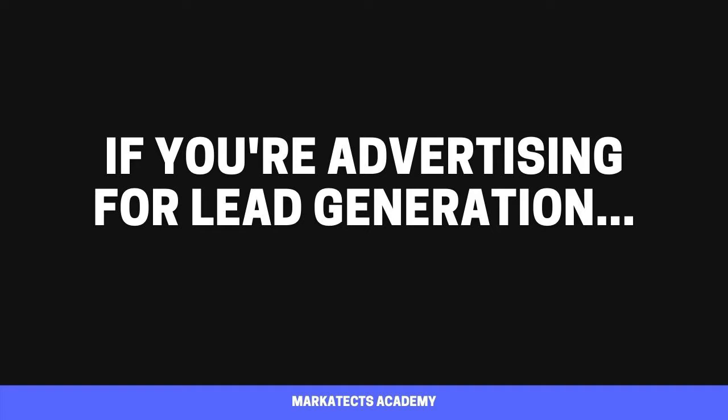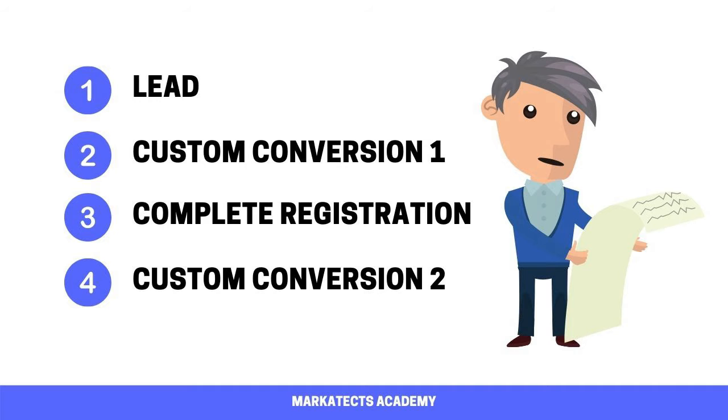And then for lead generation, it's going to be similar. Your most important is most likely a lead, right? So you're going to go from lead, and then some people have custom conversions. Like I'll have custom conversion events on different stages of my funnels.